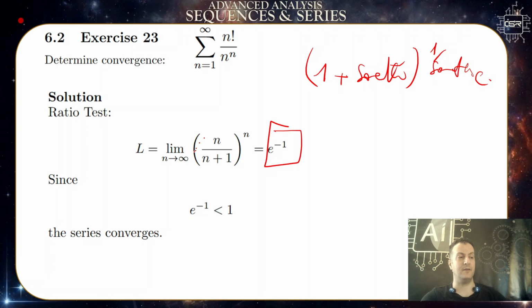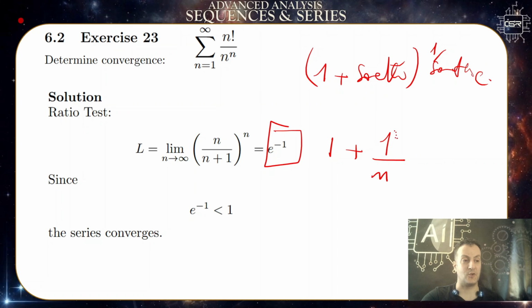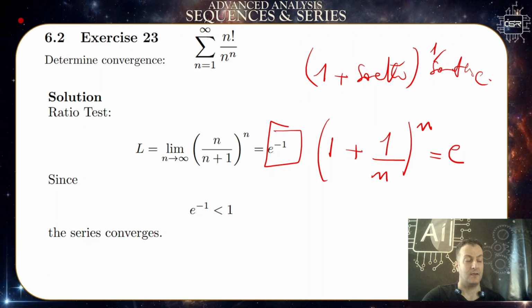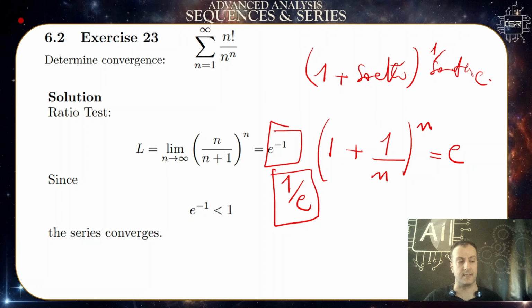So what do we have here? n divided by n plus 1 can be seen as the inverse of 1 plus 1 divided by n, which is n plus 1 over n. Raised to the power of n, it would be the exponential. Given that this is flipped over, meaning that instead of n plus 1 over n, you have n over n plus 1, that would be equivalent to e to the minus 1, which is 1 over e, the inverse of the exponential. Therefore, again, the series converges.